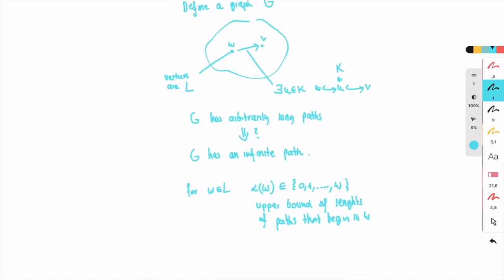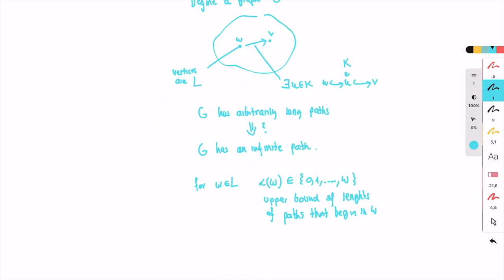Now, if W embeds in V, then any path that begins with V can be converted into a path that begins with W. So it means that the potential alpha of W is bigger than the potential alpha of V. Now, we know that potentials are unbounded.